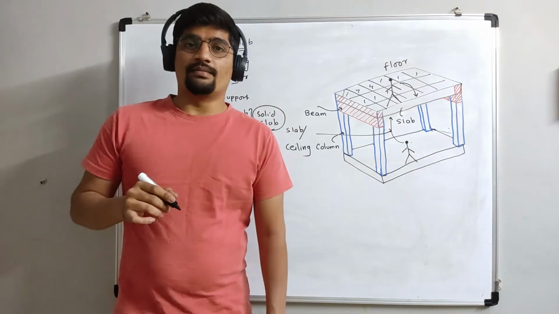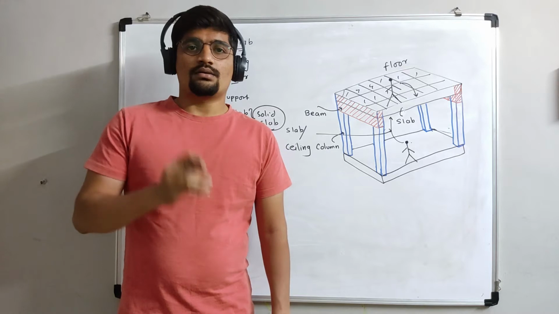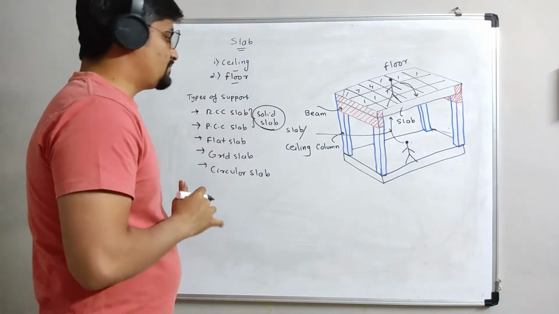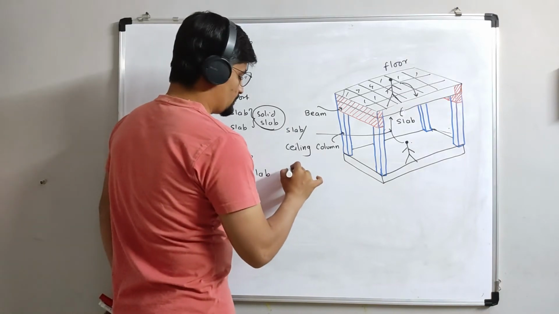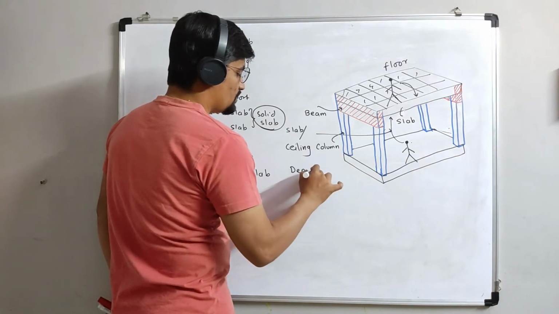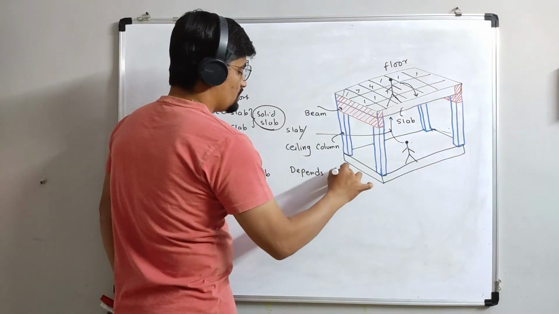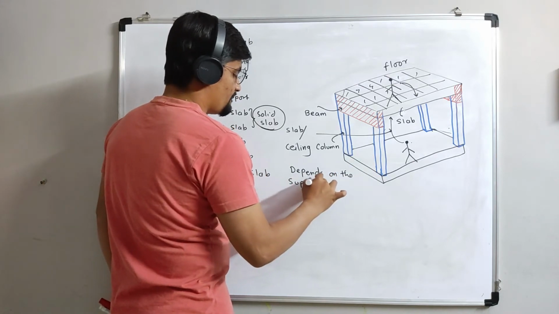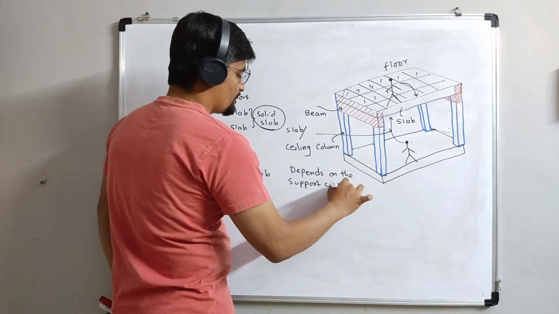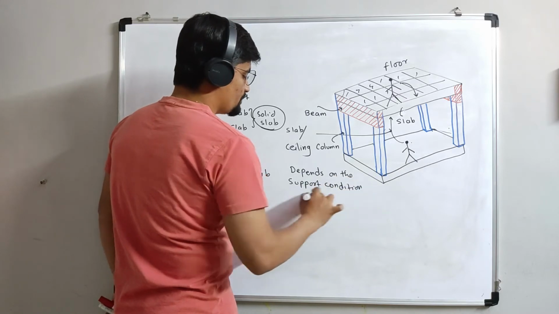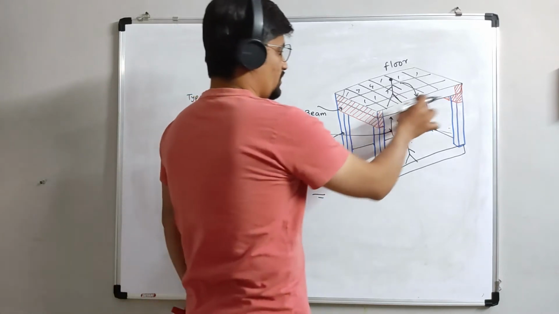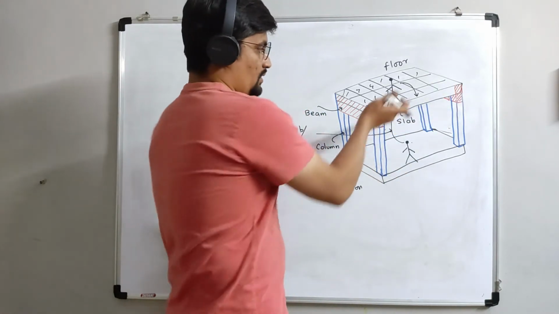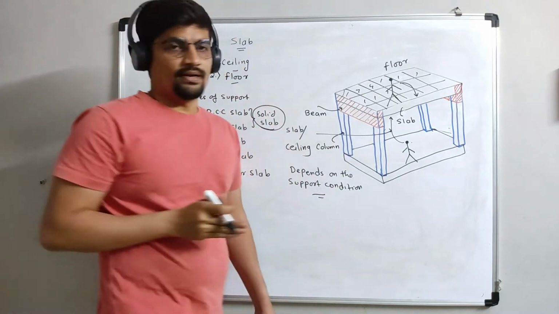The types of solid slab depend on the support condition. Here the slab is supported on two beams, this side and this side, while the other two sides are blank.